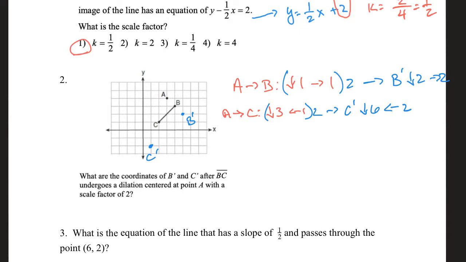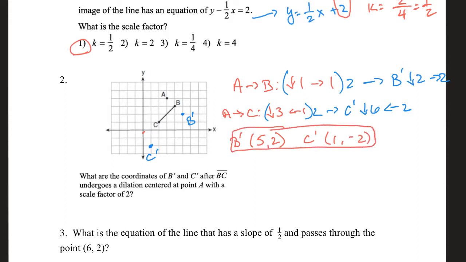Then we see the coordinates of B prime and C prime. B prime is at 1, 2, 3, 4, 5, 1, 2. So B prime is at (5, 2), and C prime is at (1, -2). There we go. Not terrible.